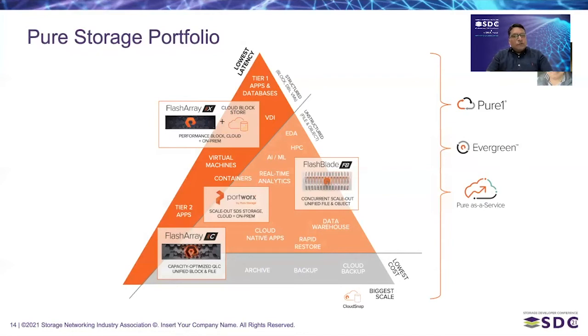Then in the center you have Portworx, which I was mentioning briefly in the previous slide. This is where you have the data management capability and the storage layer for stateful applications running in Kubernetes. And then finally, at the bottom, you have FlashArray C, which is the cheap and deep, and has got multi-protocol support too.